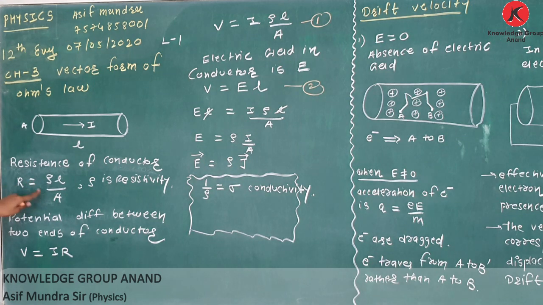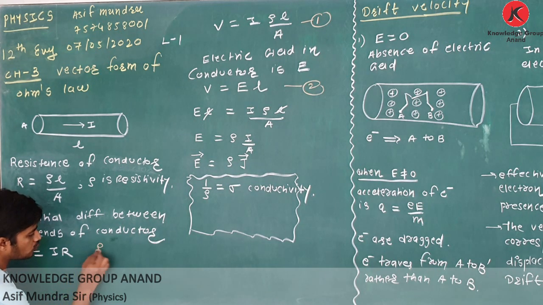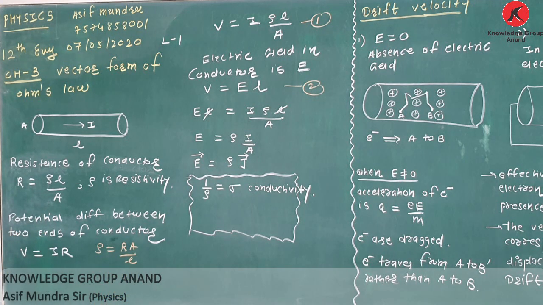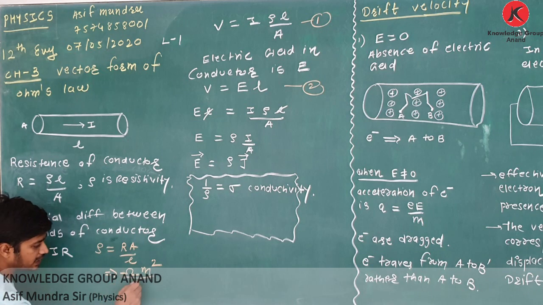What is the unit of resistivity rho? You can find it from this equation. If you make rho the subject, rho is equal to RA upon L. What is the unit of resistance? Ohm. Unit of area? Meter square. Unit of length? Meter.